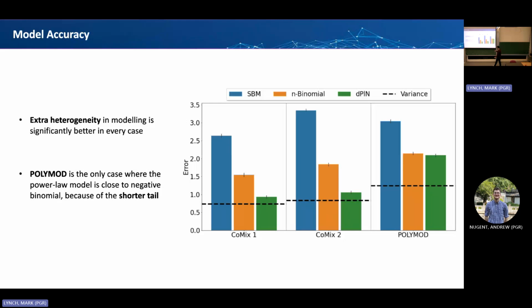Don't worry about the orange one, look at the green one. The orange one is just my model with a negative binomial instead of a power law degree distribution. We can see that there's much less error when we can actually capture this heterogeneity in degree distribution, because the blue line will perfectly capture these contact matrices, but it won't capture that some people meet many more than others.